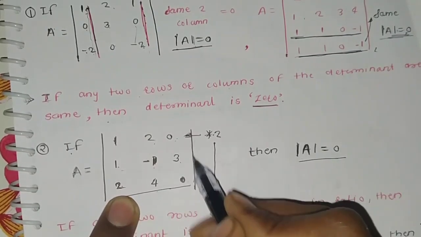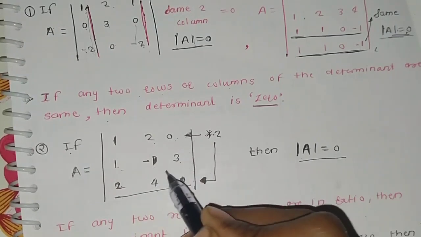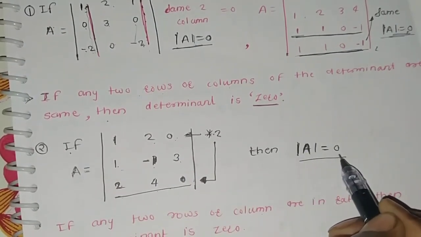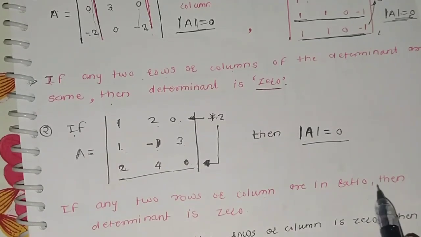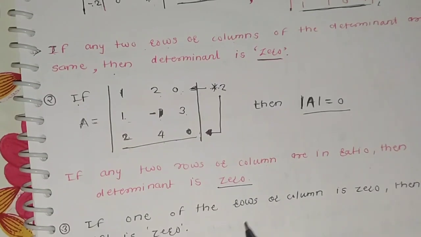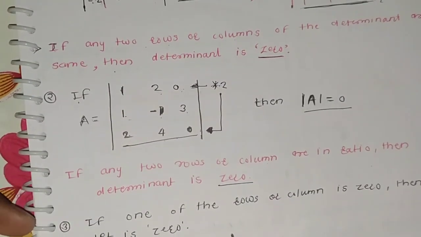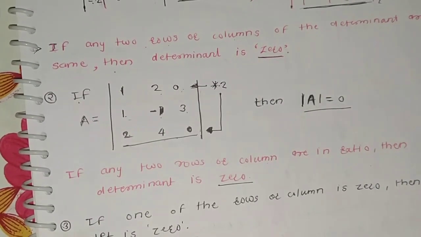So indirectly we are getting the same rows, so therefore determinant is 0. So if any 2 rows or columns are in the ratio, then determinant is 0. So simple, keep in mind these sentences. These are very important in objective type of examination. Directly questions like this can be asked.